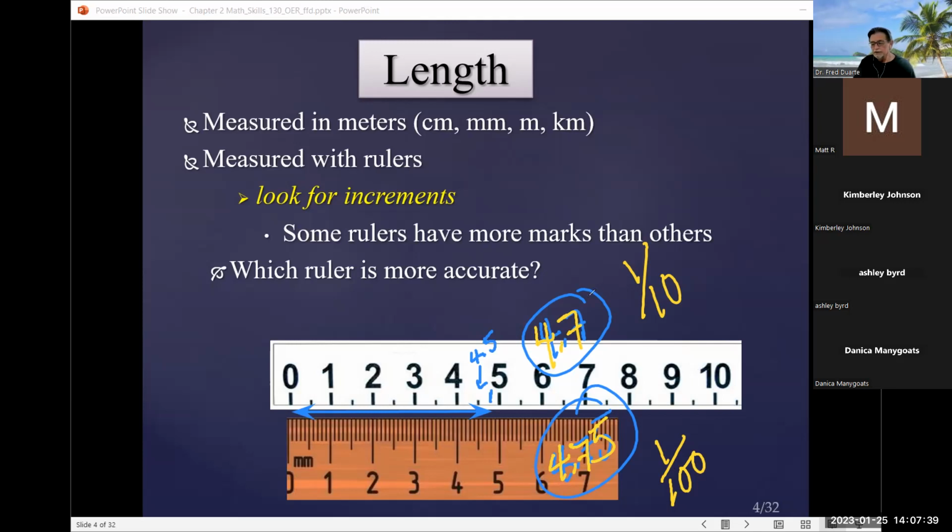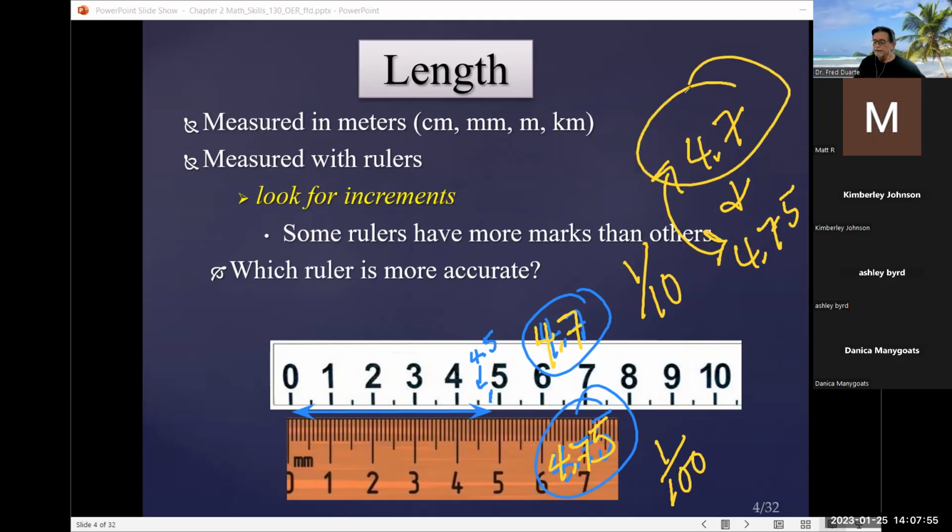And so if I were going to take these two numbers, 4.7 and 4.75, and for some reason multiply these two numbers, the final answer should have no more accuracy than that 4.7. And we're going to learn how to determine that, okay? How to determine how many digits our answer has at the end.